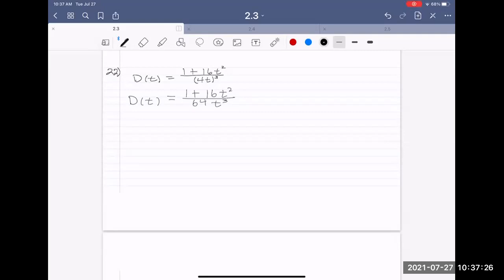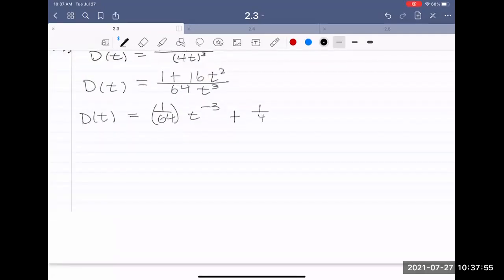So notice I'm dividing each of these by 64t cubed. This is equal to 1 over 64 times 1 over t cubed, t to the negative 3, plus 16 divided by 64, which is 1/4, times t squared divided by t cubed, t to the negative 1.